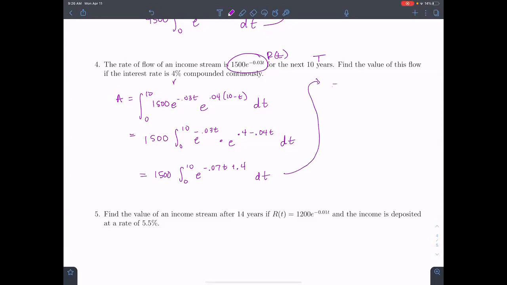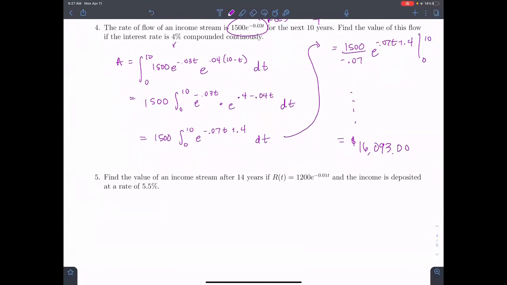Taking that integral gives us 1,500 divided by the derivative of the exponent, so negative 0.07, e to the negative 0.07t plus 0.4. No more dt. This is evaluated from 0 to 10. Once you do all of that and try it, you get $16,093.00, maybe. Something like that.